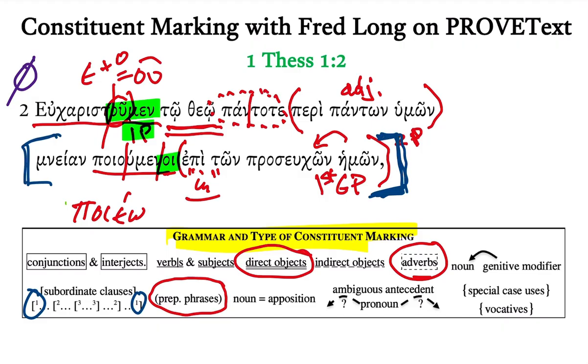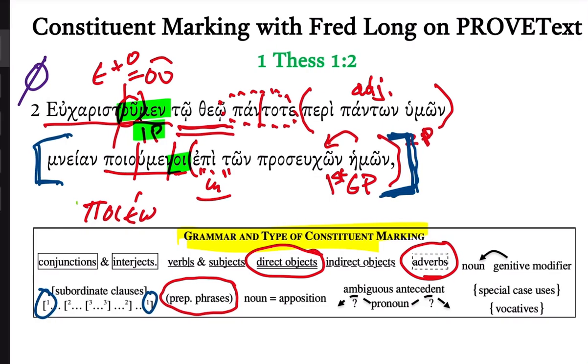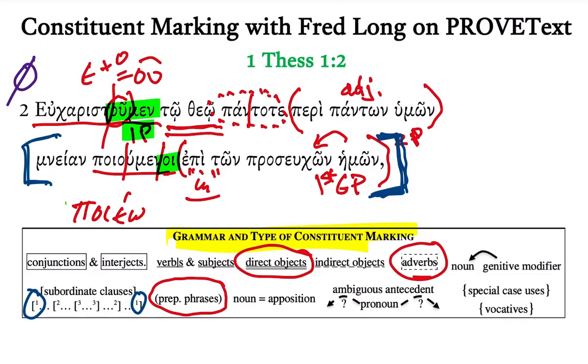So this is a subordinate clause with a circumstantial participle clause, making mneian. Mneian means remembrance, and I'm going to double underline that because indeed that is a direct object. So making remembrance in our prayers. So I give thanks to God always concerning all of you, making remembrance in our prayers.